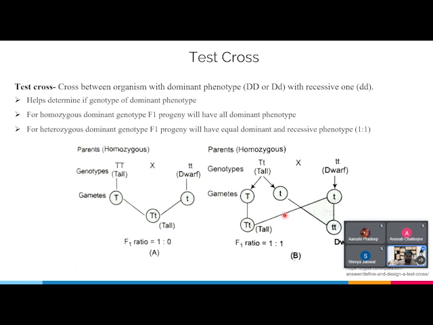When you draw the Punnett square, you will see that the phenotypic ratio will become 1:1. So we will have one organism which will show the dominant phenotype, one organism which will show the recessive phenotype. Using this analysis and comparing the F1 generations, you will be able to say if the original organism was heterozygous dominant or homozygous dominant.